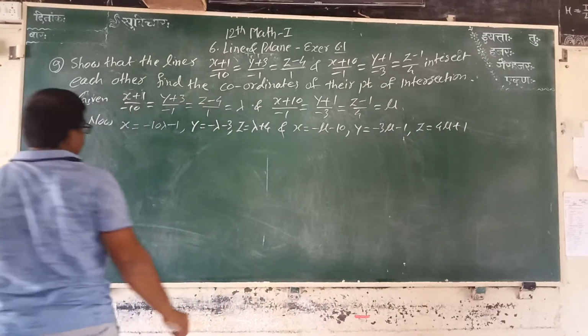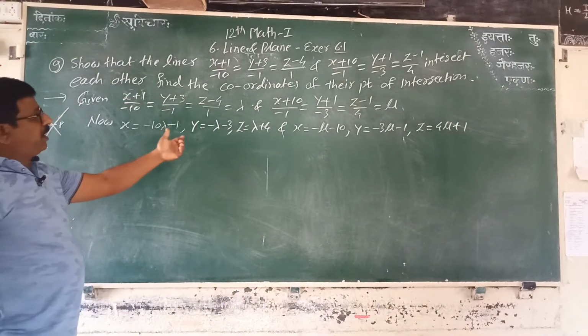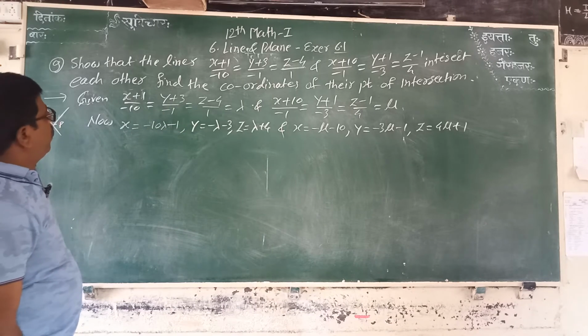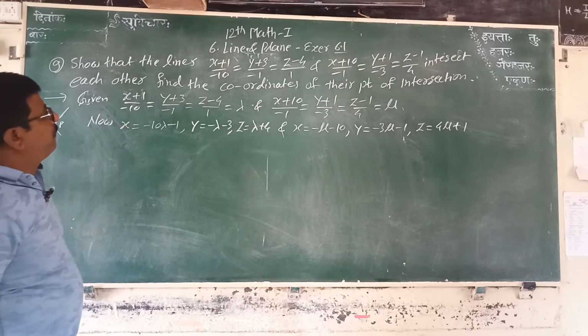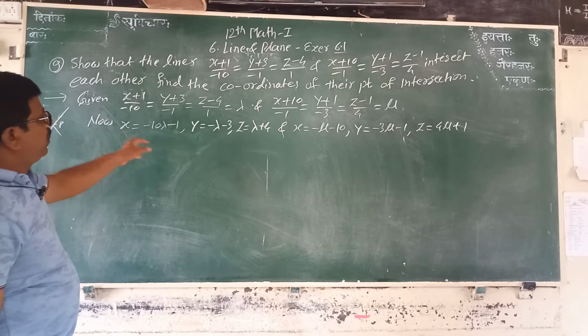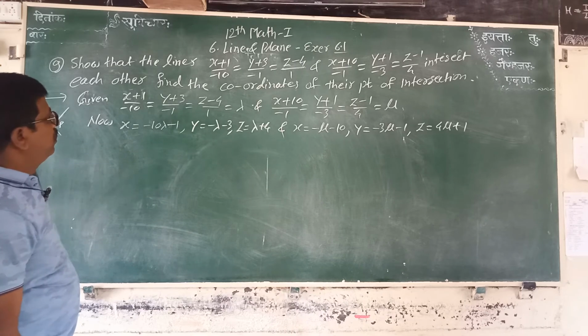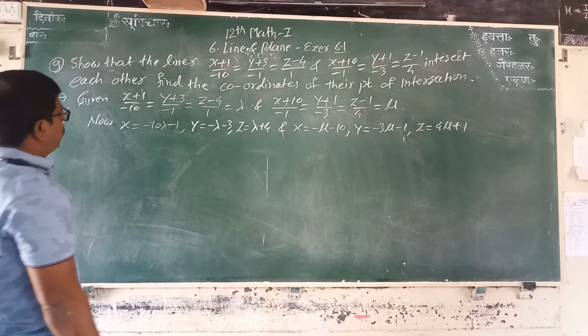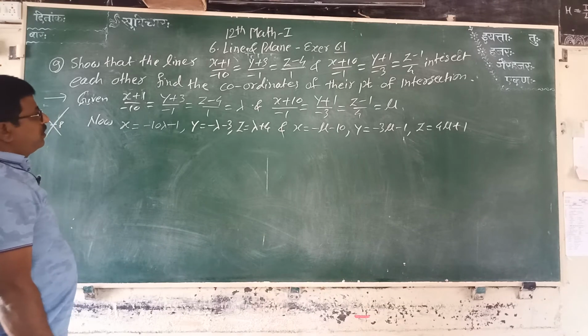These equations are obtained from these two lines. Now, if the lines intersect, then their points are the same. These are the equations from these lines.